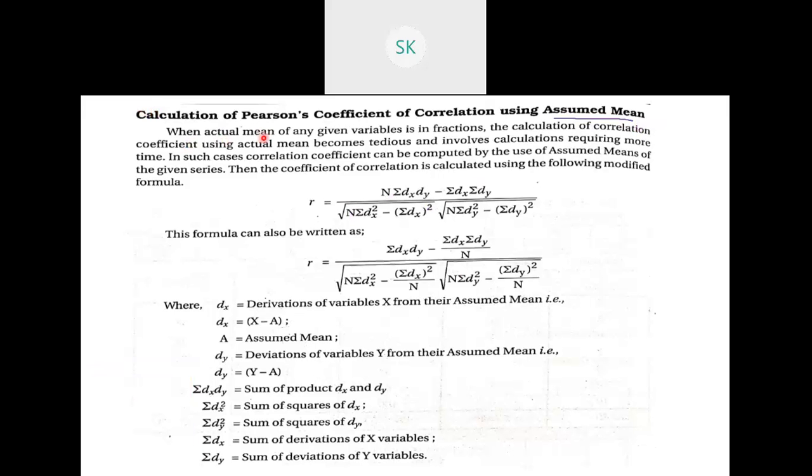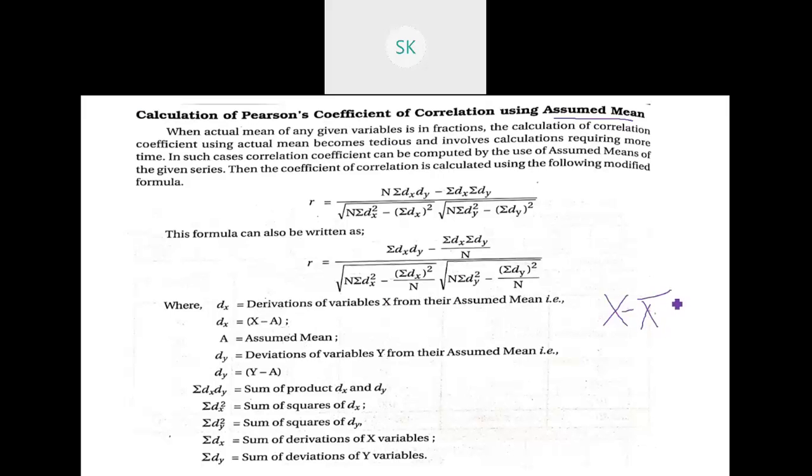When is this method used? When the actual mean of the given variables is in fractions. When you calculate sigma x by n, the arithmetic mean, and you get your answer in decimals like 15.5 or 40.6, you will not be able to calculate the deviations easily. If you remember, in the first set of problems we were calculating x minus x bar.